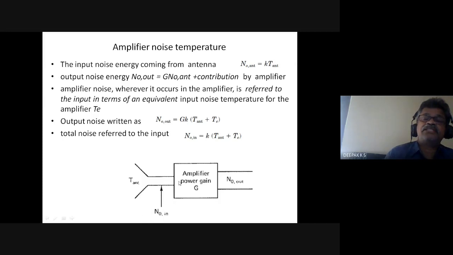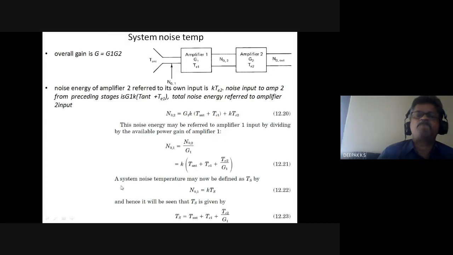So effectively you have T antenna plus Te, which represents the noise of the antenna and the amplifier, times K, and there is a gain here, and you get this noise out. And this is the way we usually describe noise using this method.